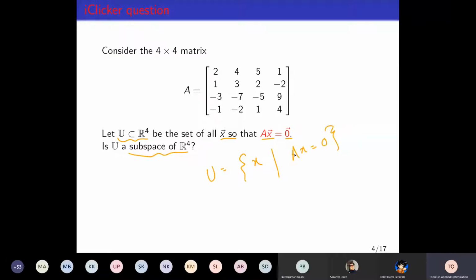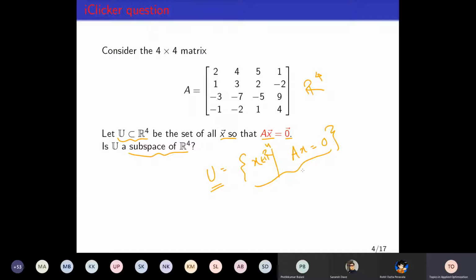We are dealing with vectors in R4, so naturally this is in R4. If you collect all those X for which A times X is 0, is this necessarily going to be a subspace? That's the question here.